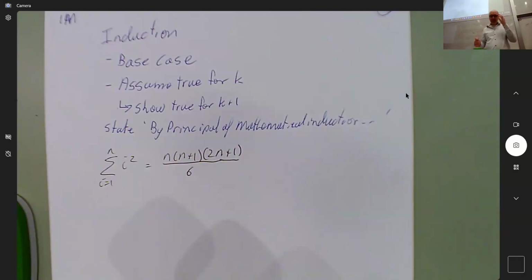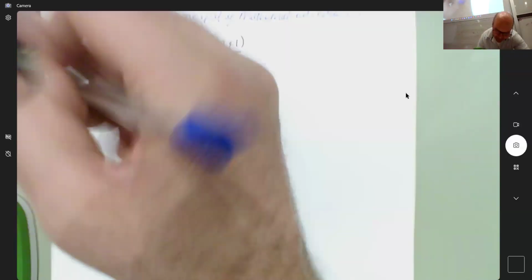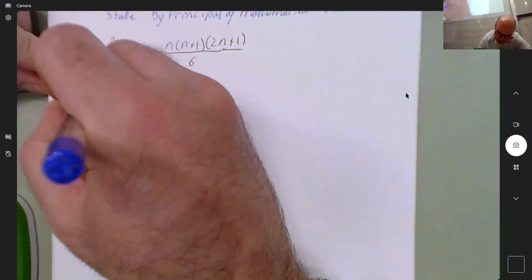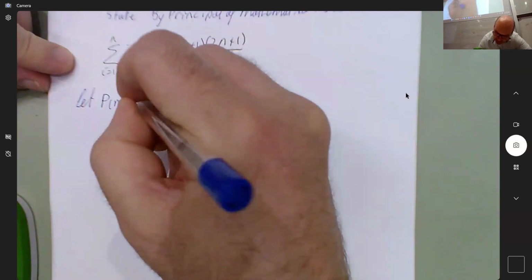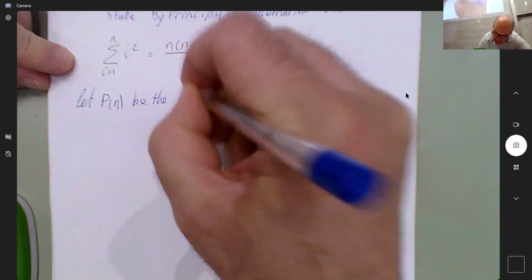So when I was taught to do this in year 12, we were actually told to go let P of n be the proposition.